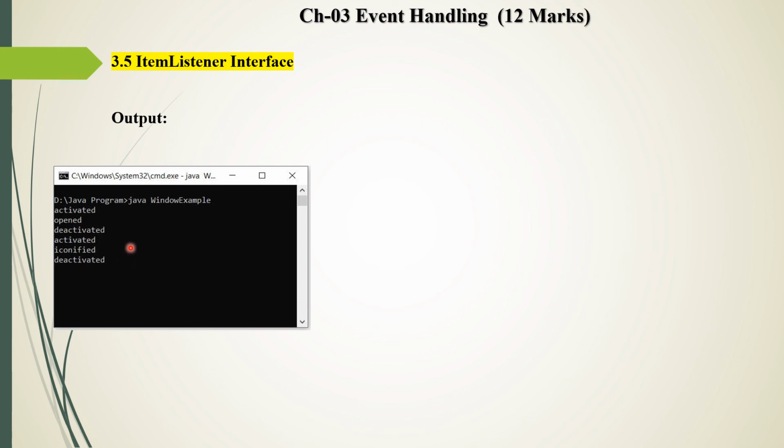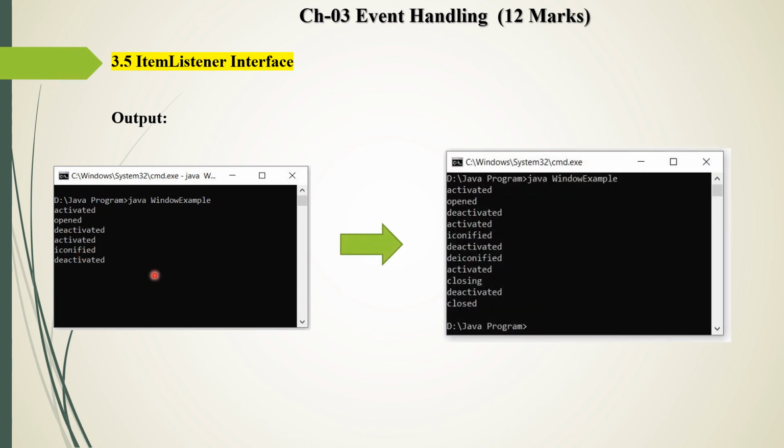If I minimize the frame which is displayed in the output, three methods are executed, and when you close that frame, lastly deactivated and close are displayed. So these are the different methods of our window listener, and these methods are executed according to our operations. So this is a simple example of our window listener.